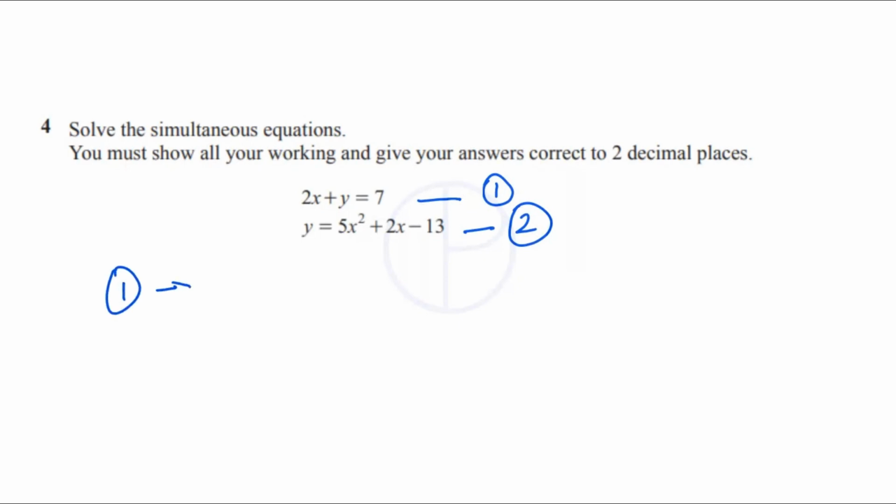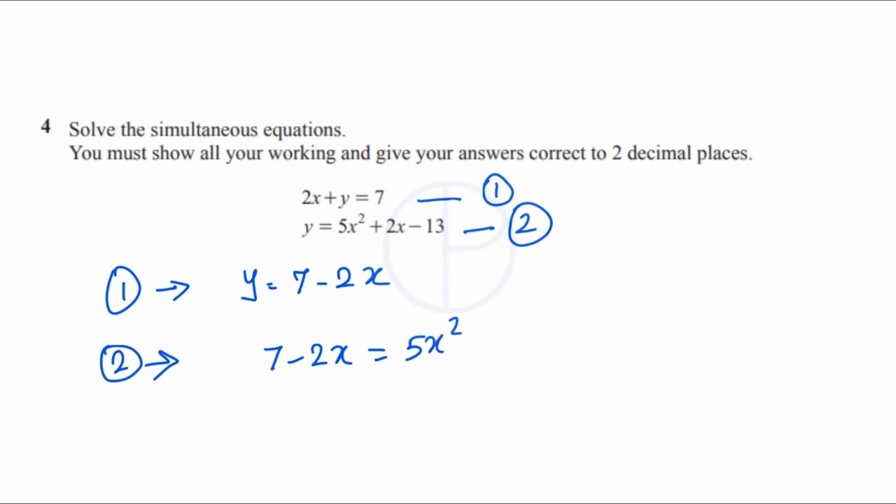Equation 1 gives y is equal to 7 minus 2x. Equation 2 gives y is equal to 5x squared plus 2x minus 13. Let's equate both. So in equation 2, what is y? 7 minus 2x equal to 5x squared plus 2x minus 13.